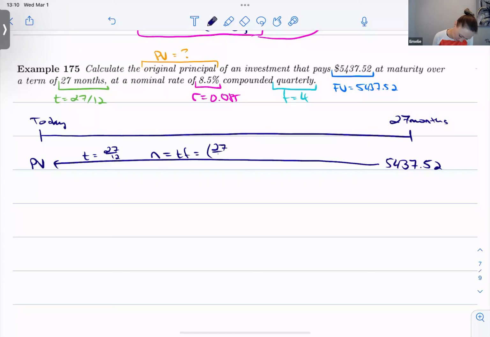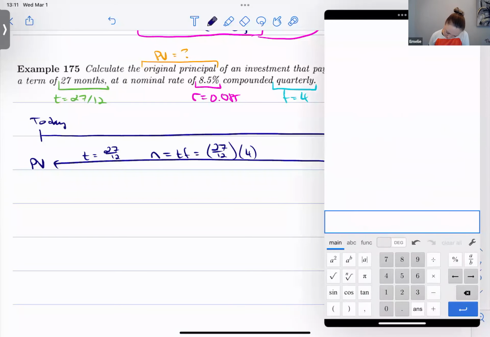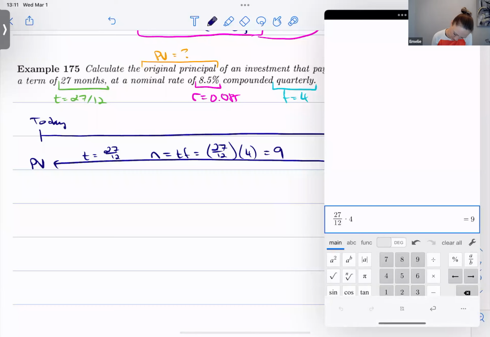So 27 over 12 times 4. 27 divided by 12 times 4 makes 9 compoundings. Nice and clean. Okay, so 9 compoundings.